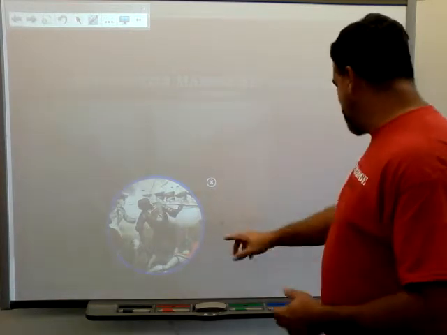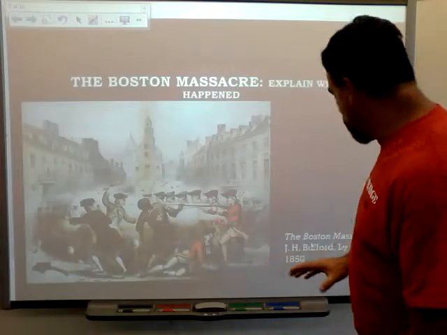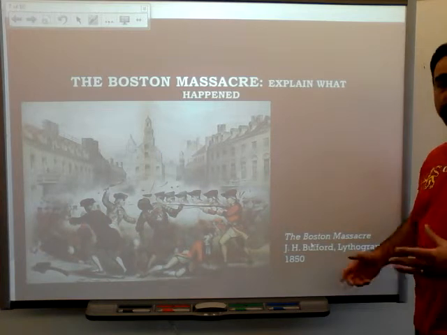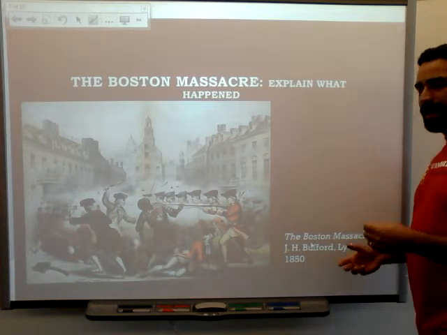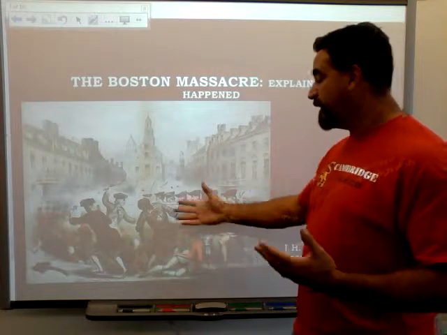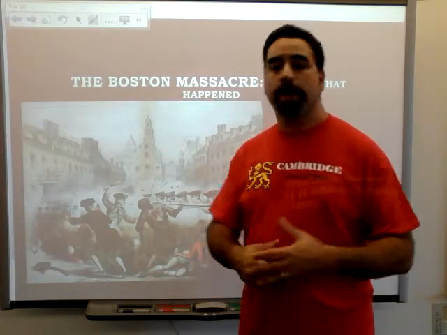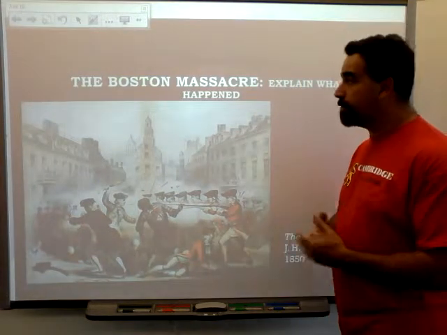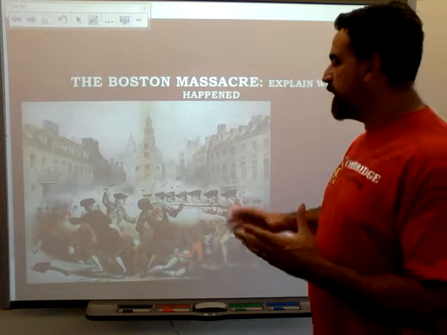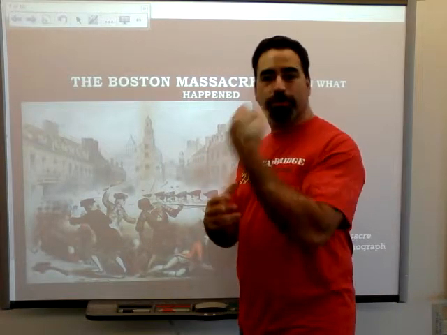So this is actually a rendition or a version of the Boston Massacre put together by an abolitionist who was making a point about the status of black people in the United States in 1850, but he's drawing on the American Revolutionary experience, and this is very common in American protests, hearkening back to the original protests that created our country.